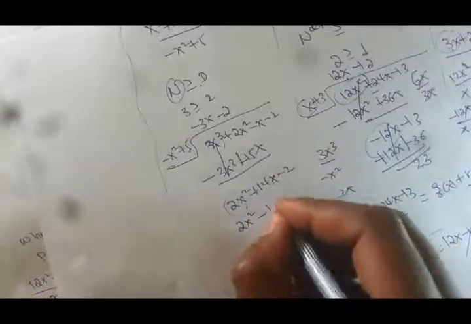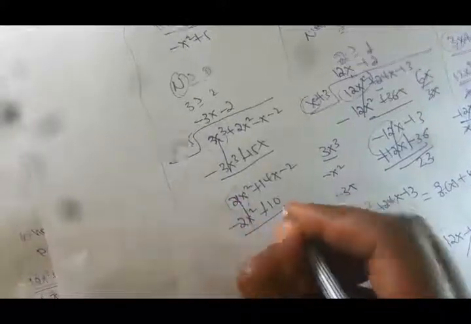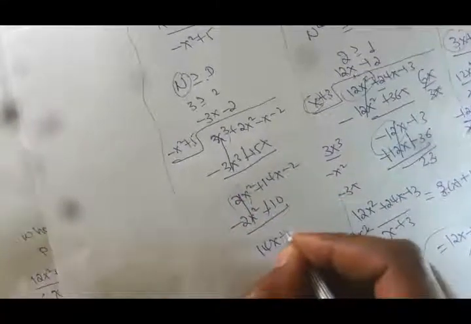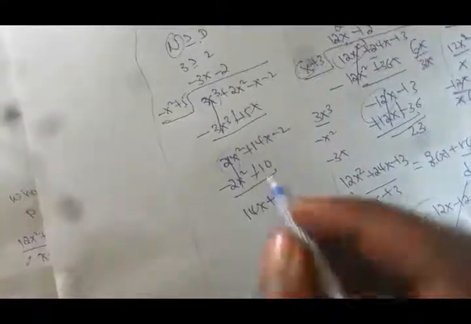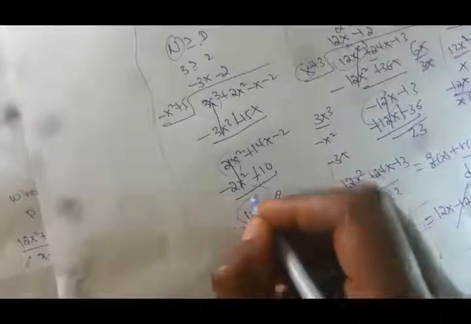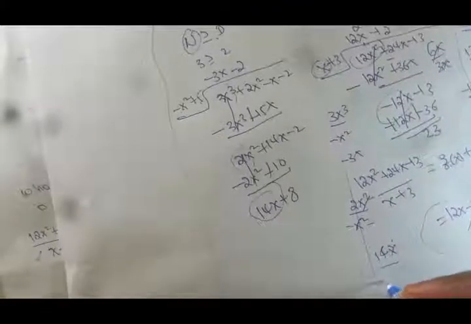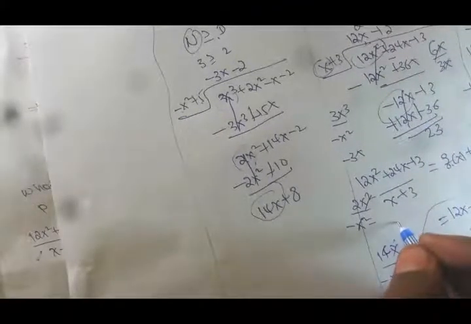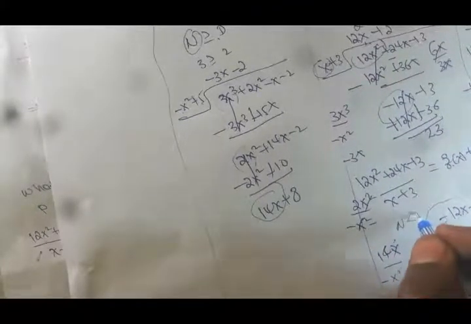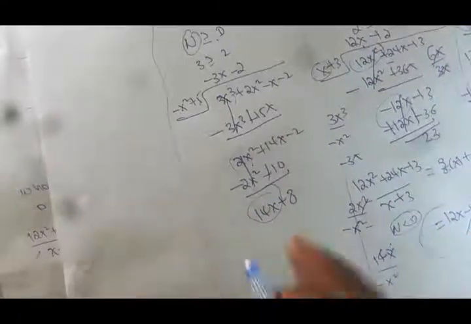Minus 2 multiplied by the divisor gives 2x squared minus 10. Subtracting, this is cancelled, and we get 4x plus 8. Since 4x divided by minus x squared has a numerator degree less than the denominator degree, we don't make any further division.